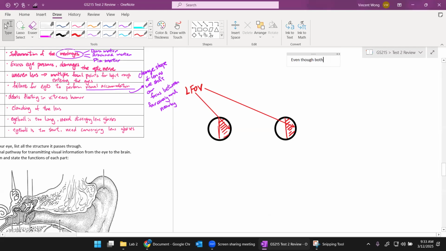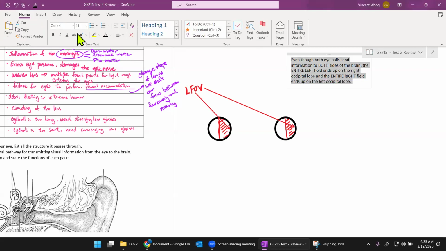Even though both eyeballs send information to both sides of the brain, the entire left field ends up on the right occipital lobe, and the entire right field ends up on the left occipital lobe.